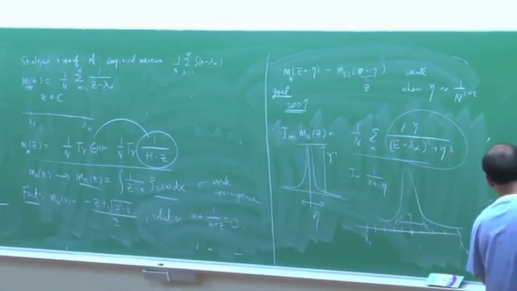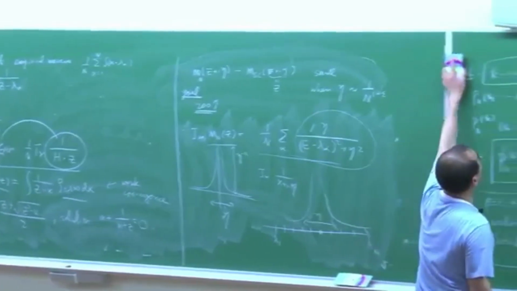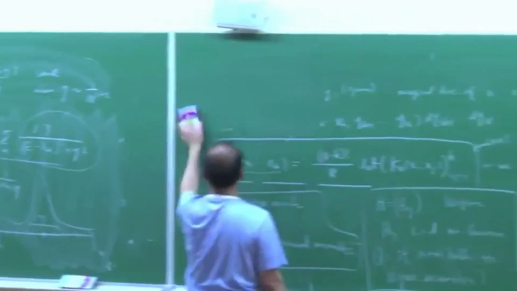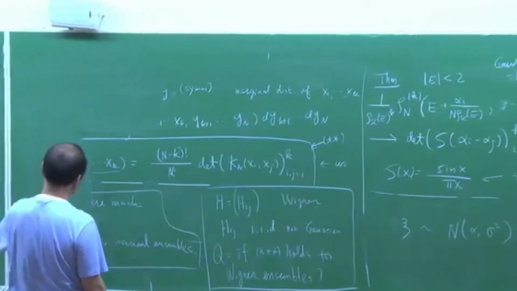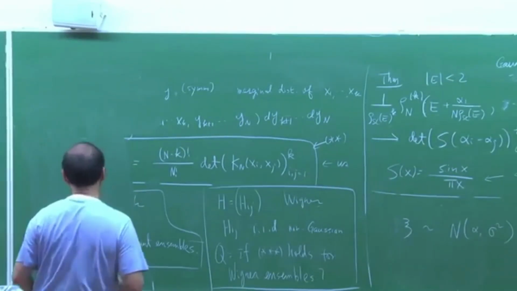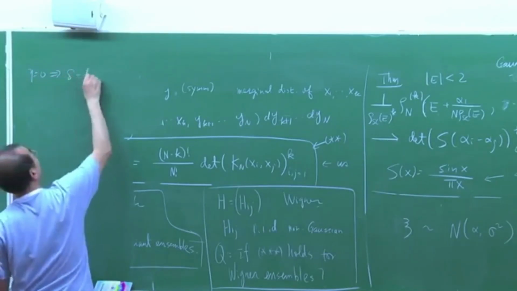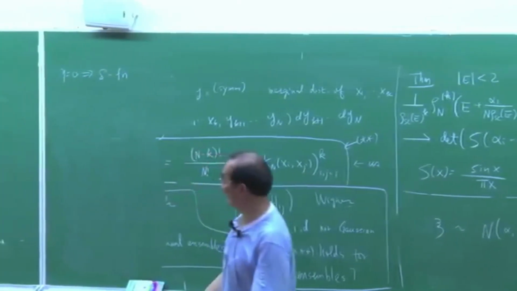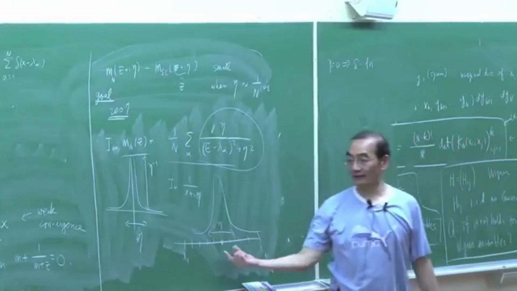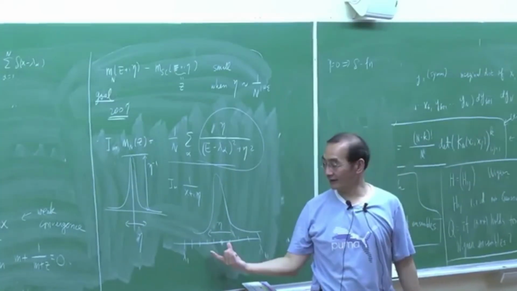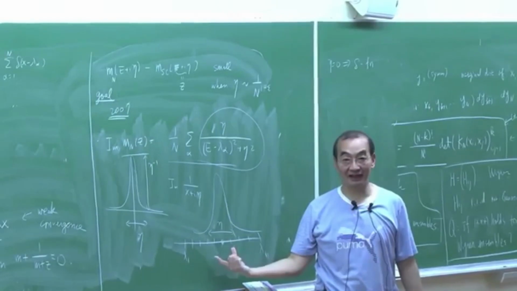Of course, if I set eta equals 0, then I get the delta function. So it's just a modified delta function, and the scale of modification is size eta.